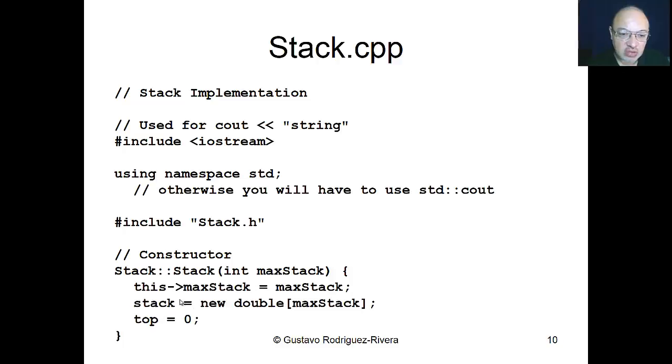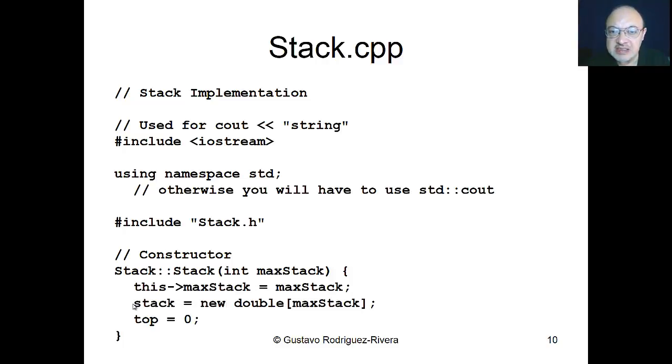Then after that, we initialize the stack. Remember, stack was a pointer to the array stack, so we assigned a new array. This is how you create a new array with the size maxStack, and then assign it to stack. That is going to be the member variable for stack.